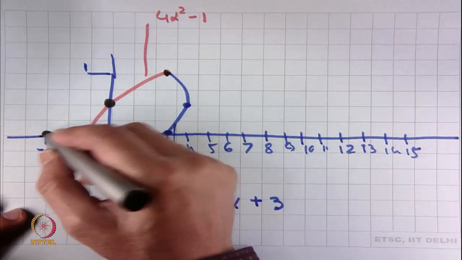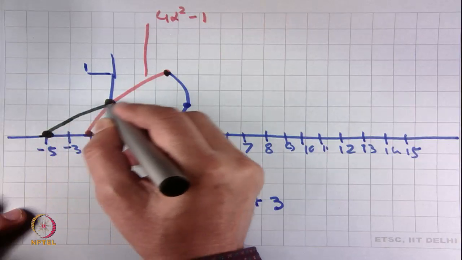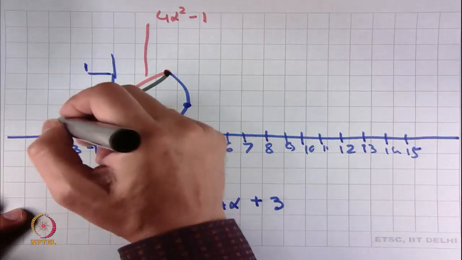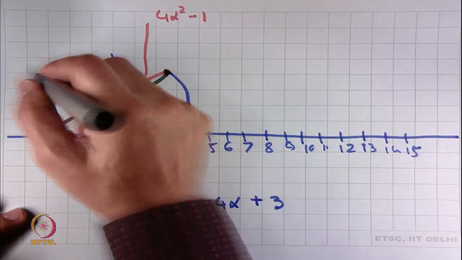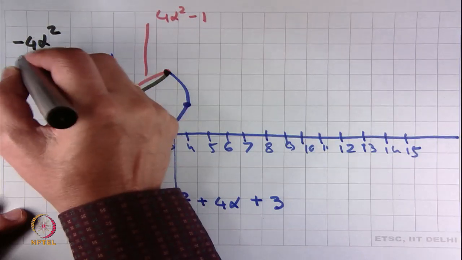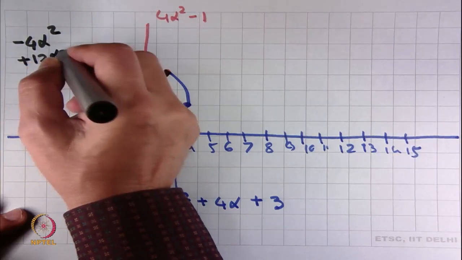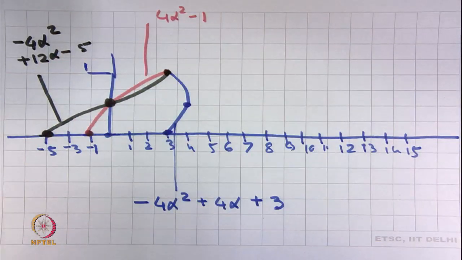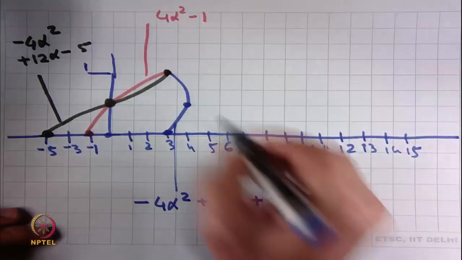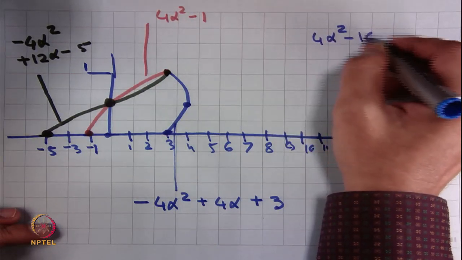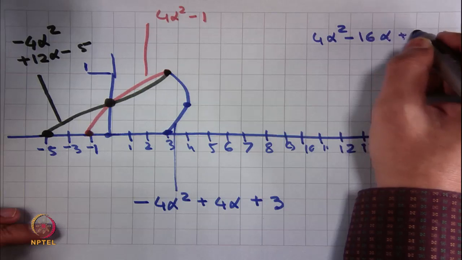Therefore, this curve is going to look something like this. So, this one is minus 4 alpha square plus 12 alpha minus 5, and then the last curve is 4 alpha square minus 16 alpha plus 15.